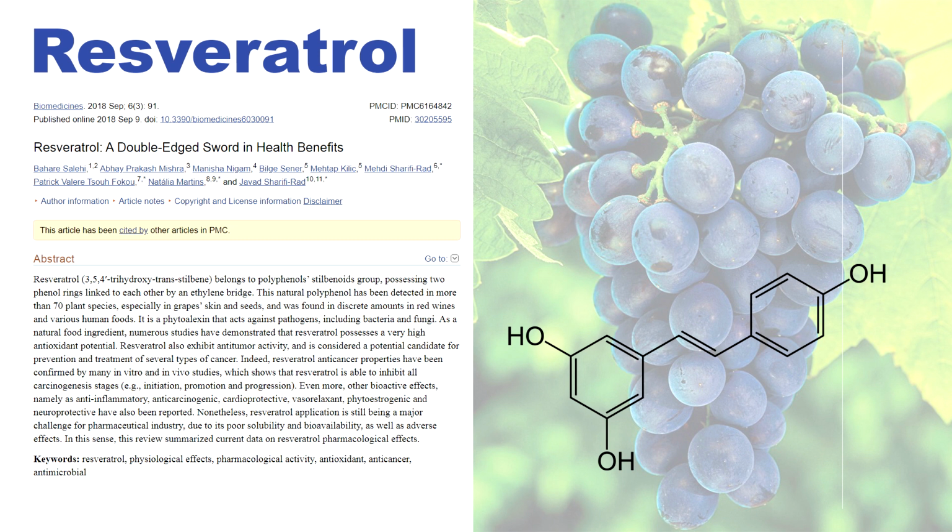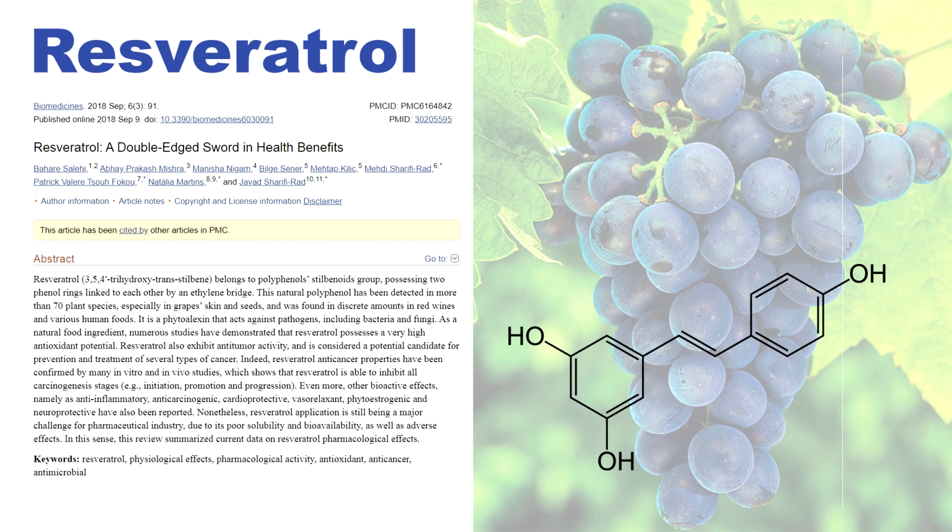Now, let's get to the meat and potatoes. Here we go. It acts against pathogens, including bacteria and fungi. As a natural food ingredient, numerous studies have demonstrated that resveratrol possesses a very high antioxidant potential.